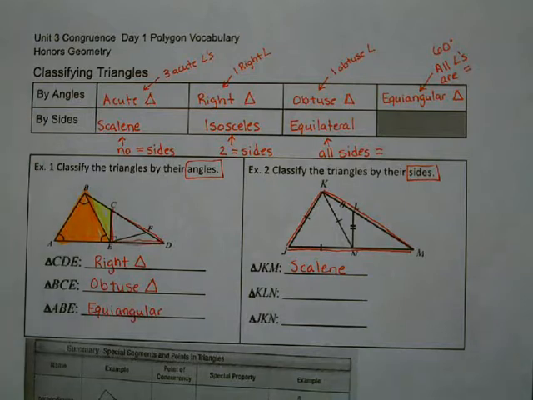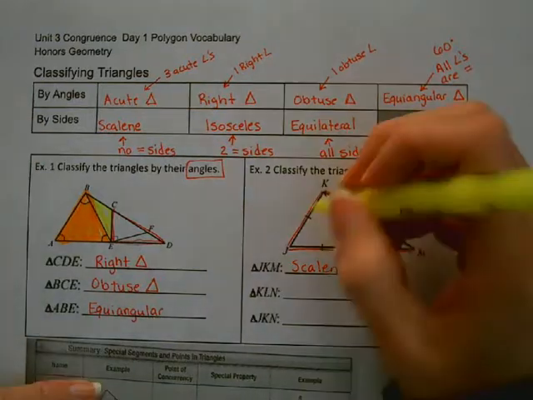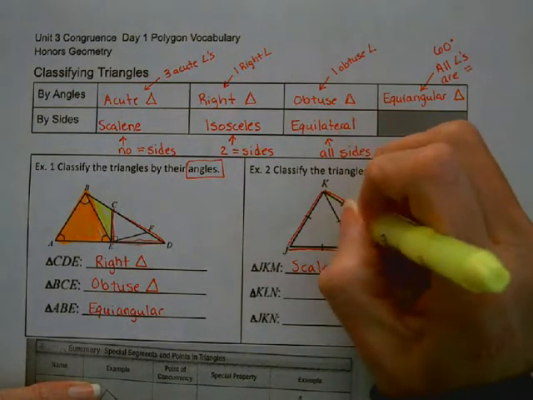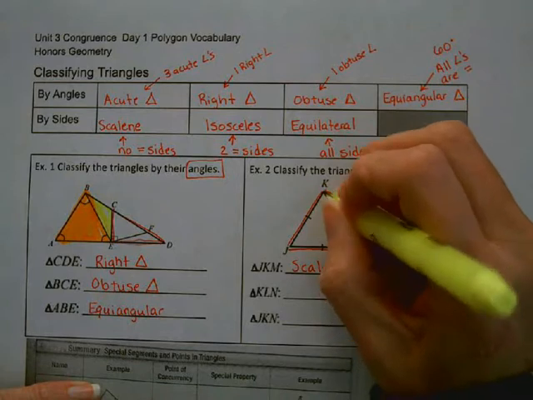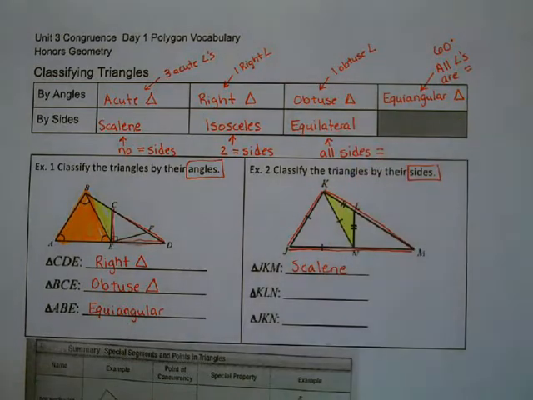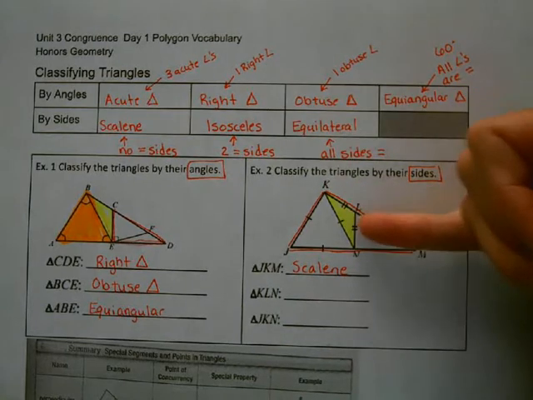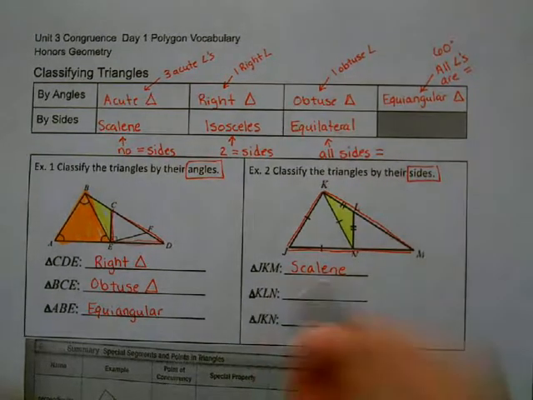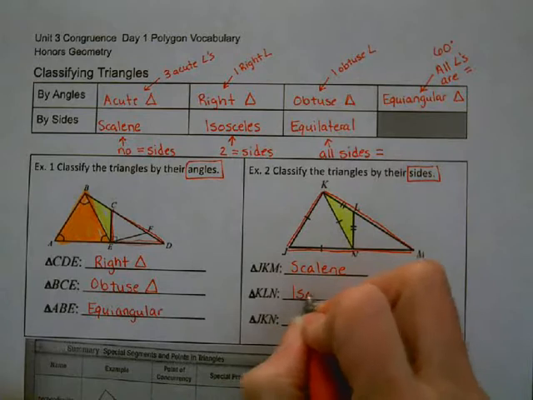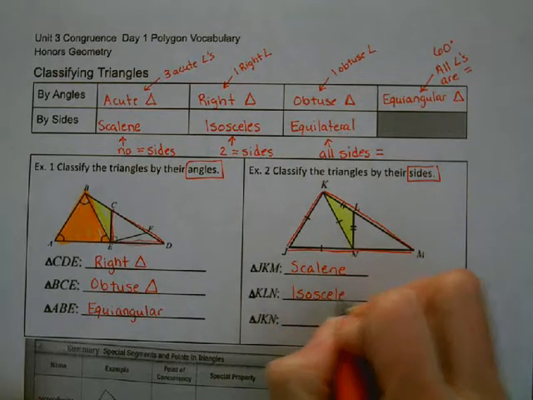Okay, then we have KLN. KLN is this triangle in there. These two sides both have two little marks, so those two sides are congruent, so we'll call this an isosceles.